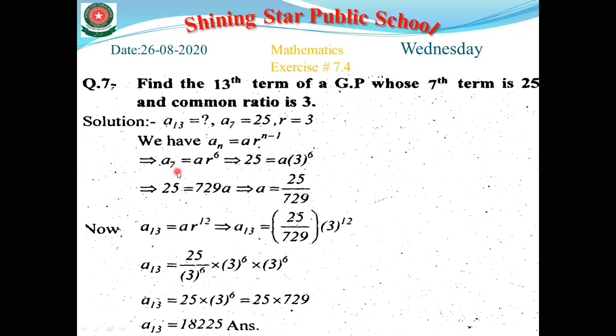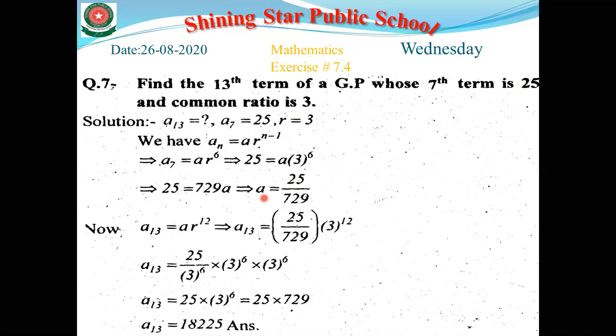A7 is equal to A R power 6. Okay, A7 is 25, so we write 25. A is unknown, but R is given. R is 3. 3 power 6 is 729. Now, we divide 729 to the left hand side. So 25 divided by 729, that is A. A is equal to 25 over 729.